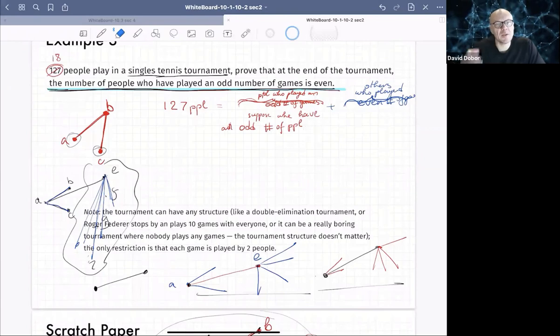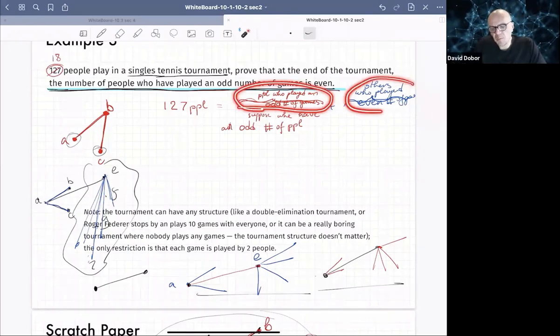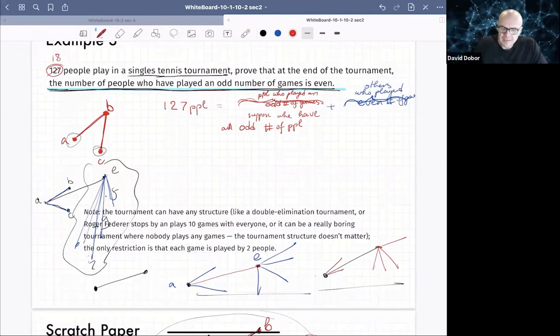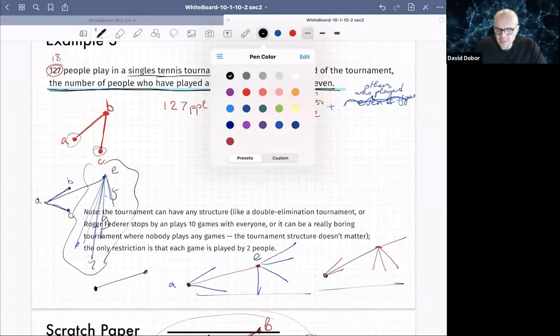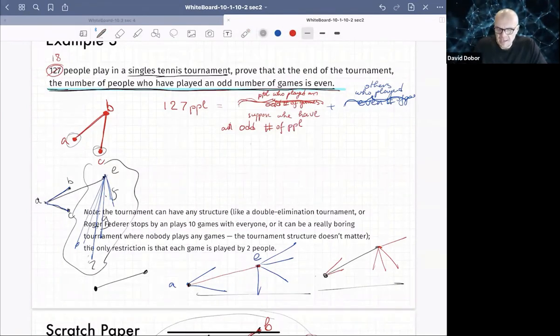So let's make sure that we distinguish. These are all those people who have played an odd number of games, and these are all those people who have played an even number of games. Now, suppose the number of those people who have played an odd number of games is odd. So I have, say, 5 people, A, B, C, D, and E, and each played an odd number of games.